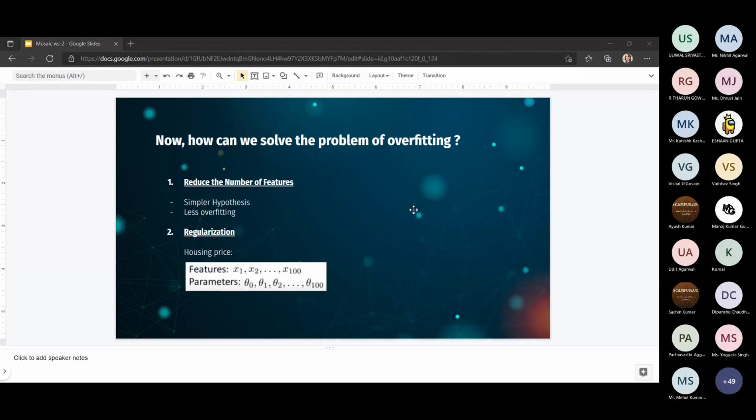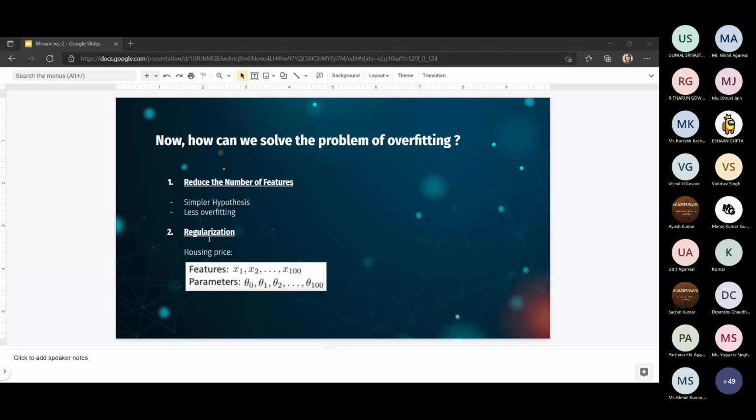So now we will take a look at how we can solve this problem of overfitting. There are several solutions, and I will be discussing some of them. The first solution can be reducing the number of features. If we have too many features, our hypothesis will become too complex, and it will make our model prone to overfitting.